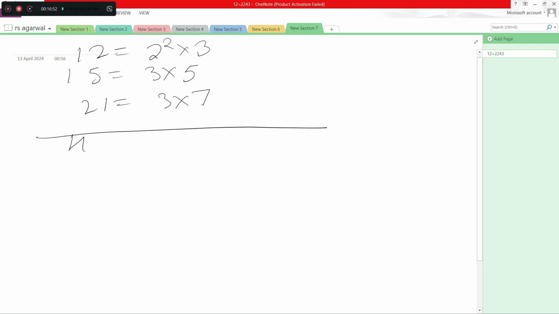If we see here SCF, we have to take the common factor. Common factor is 3 here, so SCF is 3. If we talk about LCM, we'll take the 2 square, after that 3 is common in all the 3, after that 5 into 7, equal to 420.